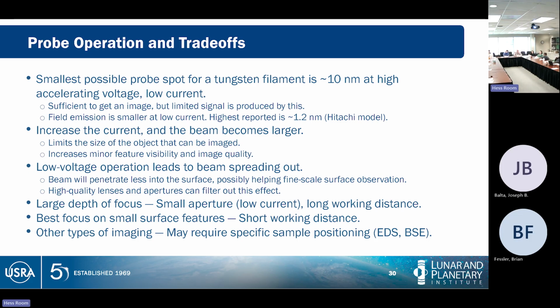A field emission gun can give you a spot that is an order of magnitude smaller. From what I found, the best reported beam resolution of a field emission gun on a Hitachi was just over 1 nanometer. Now, you don't always achieve that, but it can be done. So that's the limit for what you can image with a SEM.